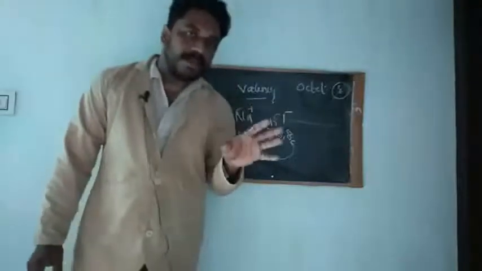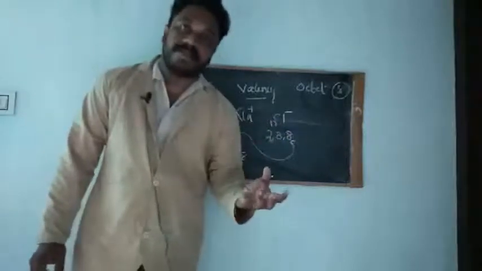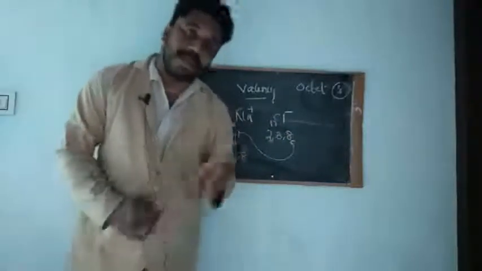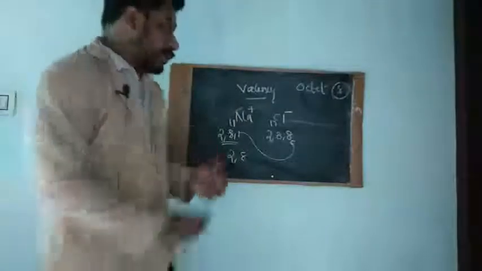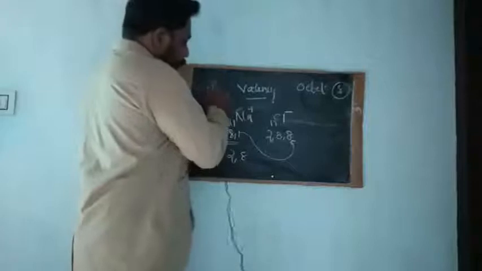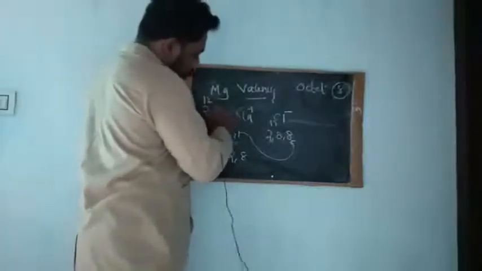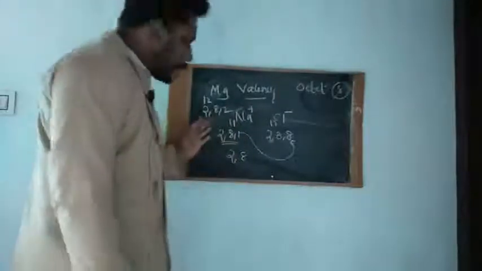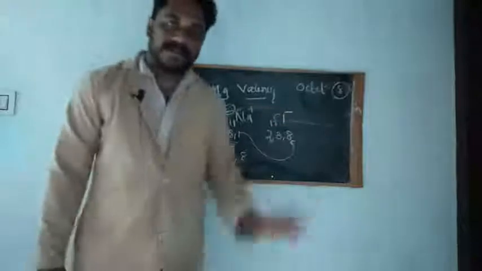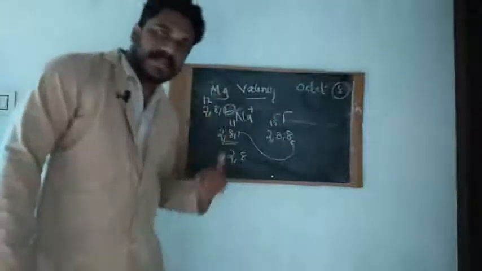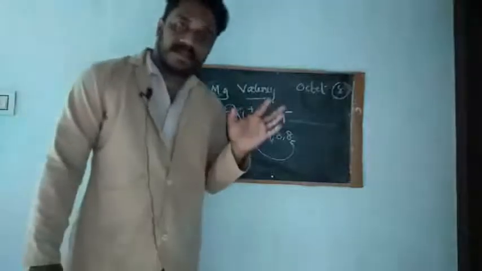So the number of electrons exchanged by elements when they take part in a chemical reaction is called its valency. For example, magnesium's atomic number is 12, electronic configuration is 2,8,2. Whenever it takes part in a chemical reaction, it will donate 2 electrons, and that's why the valency of magnesium is 2. Understood?